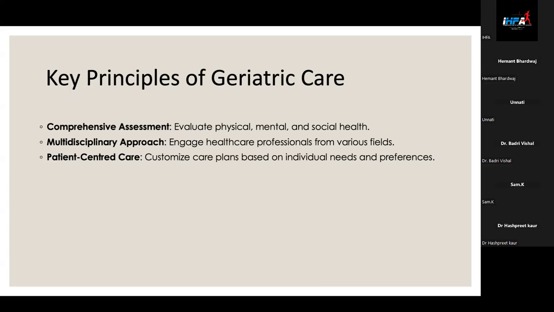Then comes the multidisciplinary approach, engaging healthcare professionals from various fields. As we discussed in our last few sessions, taking care of a geriatric person is a team effort, done as per their requirements. They have multiple issues at hand, like speech and hearing, for which they might need a speech and hearing pathologist or audiologist.